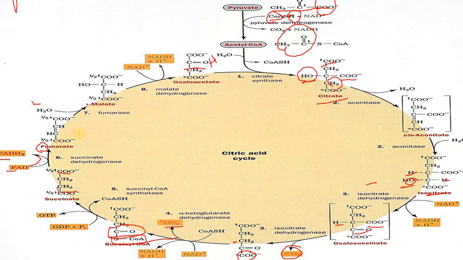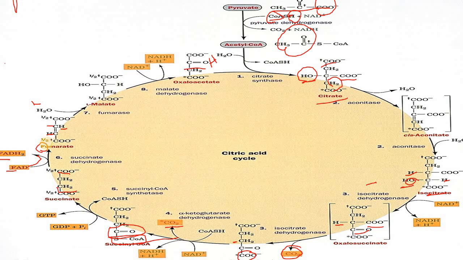So this fumarate is now getting converted to L-malate. This enzyme fumarase is a very stereospecific enzyme. This reaction takes place in the presence of water, so you have the addition of a hydrogen over here, and another OH group adds over here.